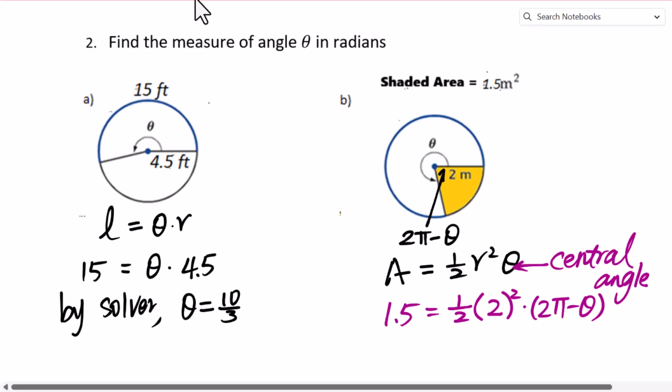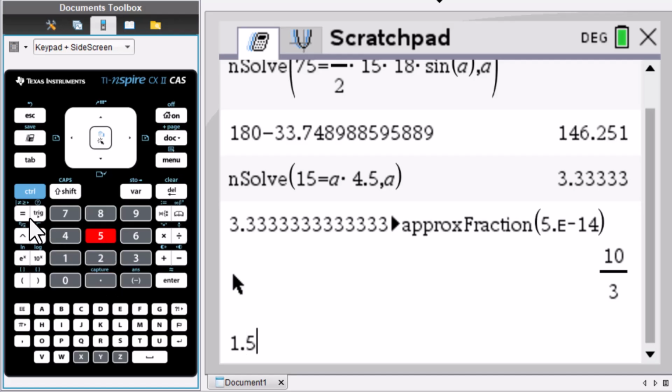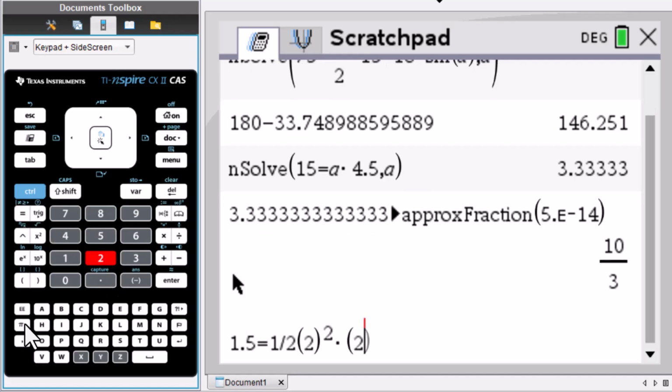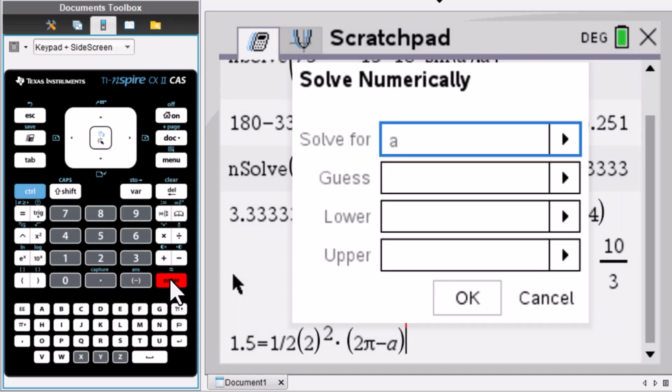Let's directly go to calculator. Type in the equation. 2 pi, we got to use this button. Minus, let's still use A as our variable. Then control menu, enter, enter, enter.